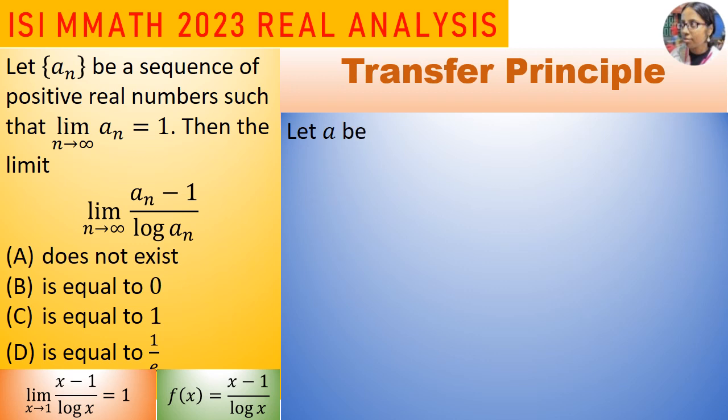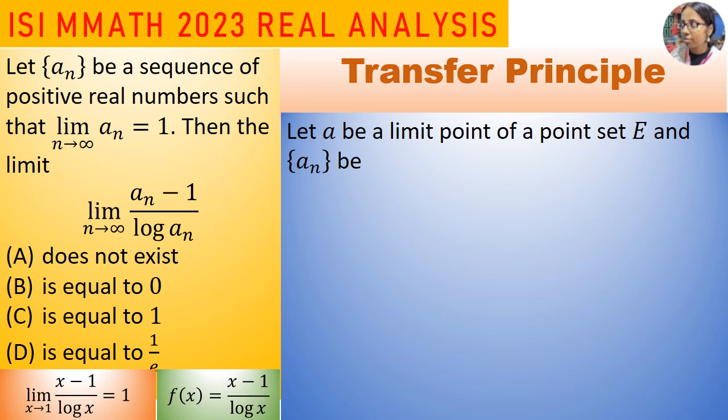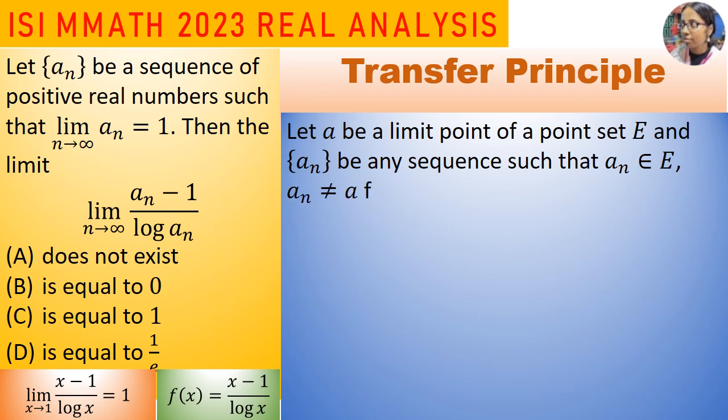It states that let a be a limit point of a point set E and a_n be any sequence such that a_n belongs to E, a_n not equal to a for every n, and the limit of a_n tends to a as n tends to infinity.